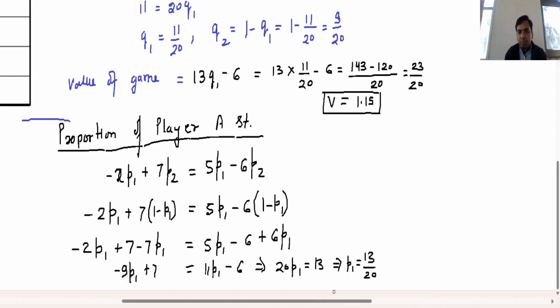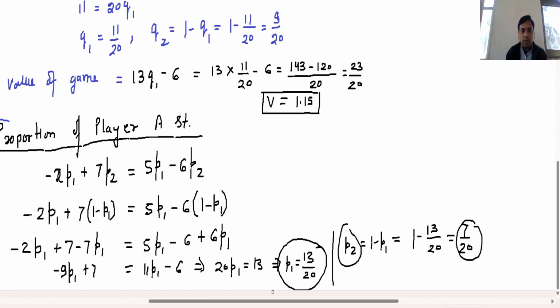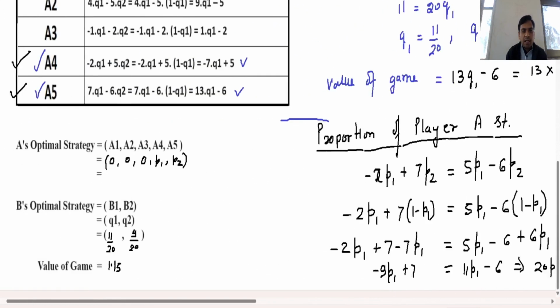And we can find P2 also. P2 is equal to 1 minus P1, which is 1 minus 13 upon 20, and this equals 7 upon 20. So the P2 strategy is 7 upon 20 and P1 is 13 upon 20. Now we will write the final answer.